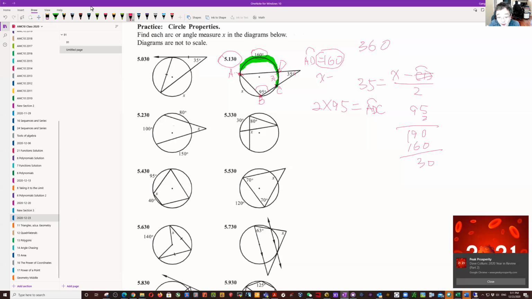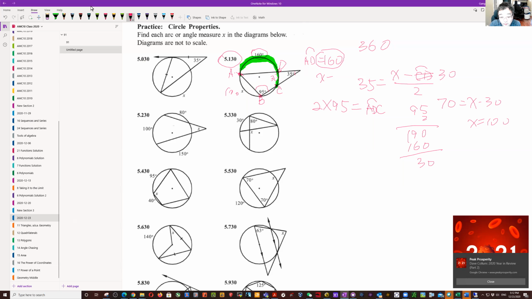So here I can replace in 30. So this is 70 equal to x minus 30. So x equals 100. That's the way you can figure this out. So this is 100.